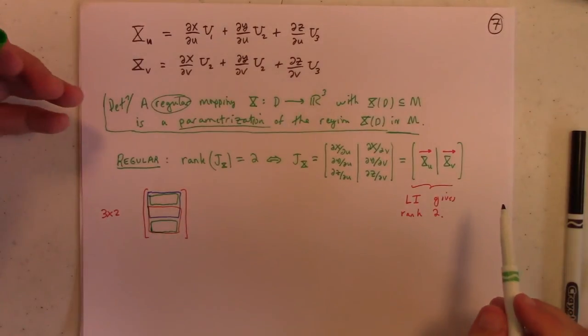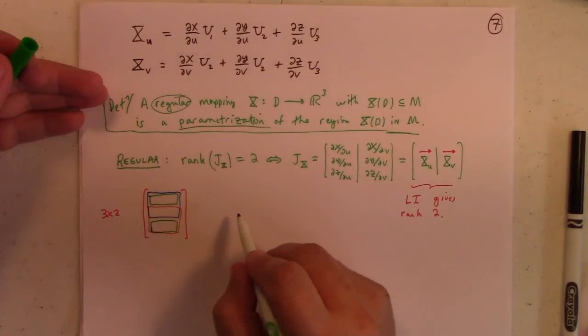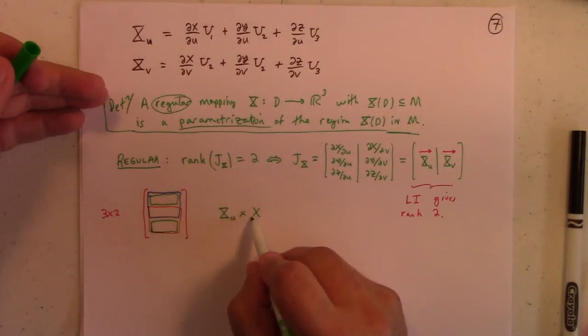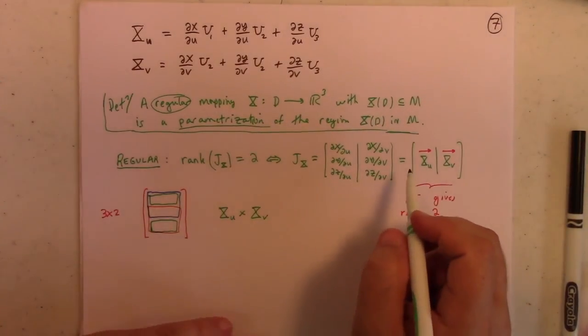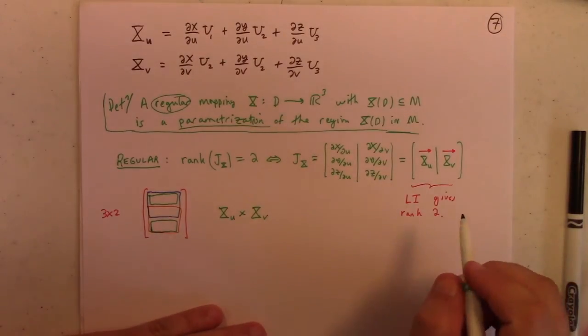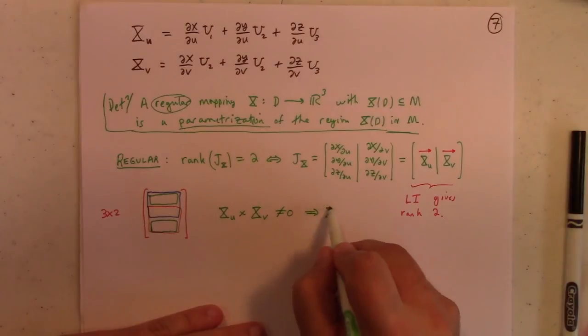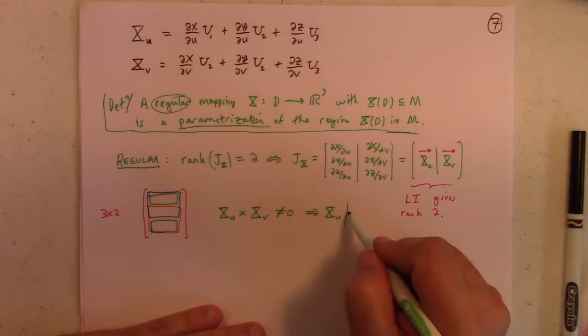More to the point though, in terms of Calc 3, we can calculate the cross product of xu and xv, right? If this is not equal to 0, then that implies that xu is not parallel to xv.